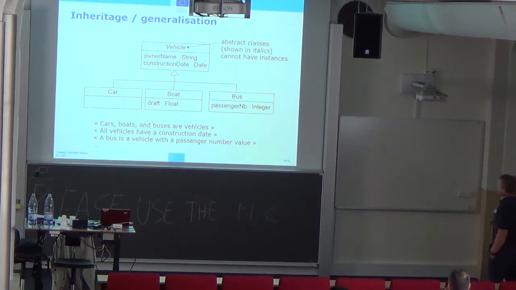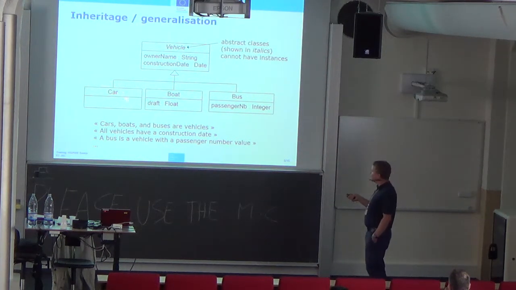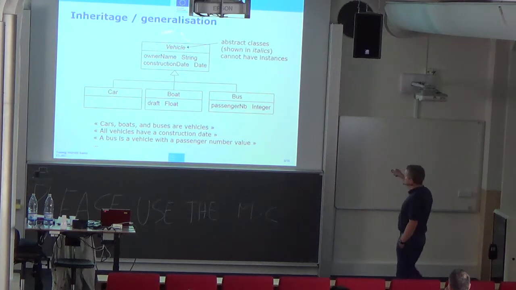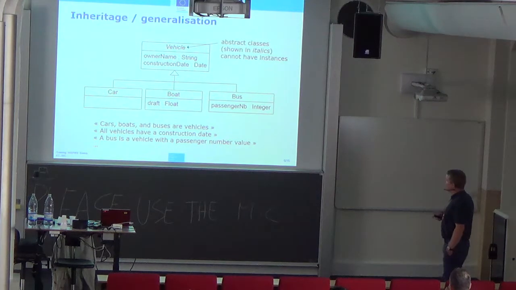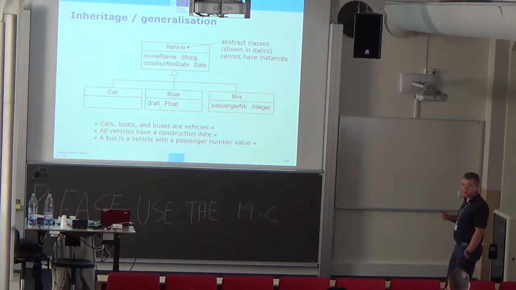So from this diagram we can read that all these classes, car and boat and bus, are also vehicles, and that all of them share the same attributes as the upper class Vehicle. Which means that car also has owner name and construction date, boat also has owner name and construction date, but boat also has a draft.